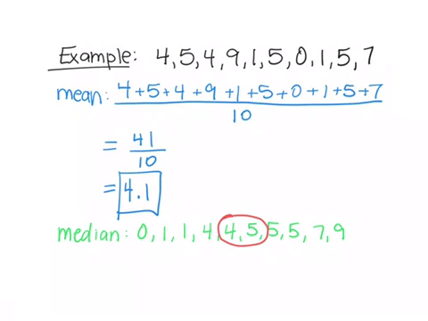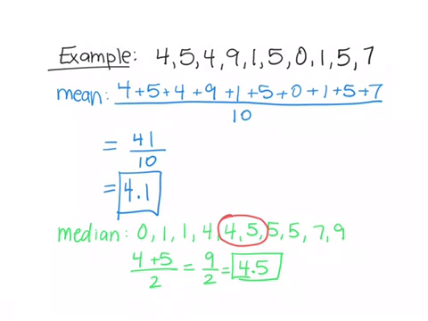But when you get to the middle and there are two numbers in the middle, what you have to do to find the median is find the average of those two values. So that means we would be taking 4 plus 5 and dividing by 2. So that becomes 9 over 2, which is 4.5. So the median of this data set is 4.5.